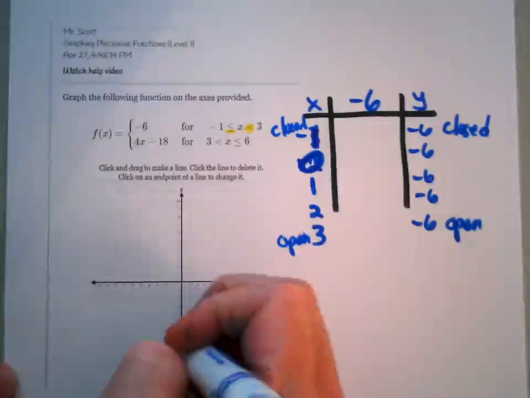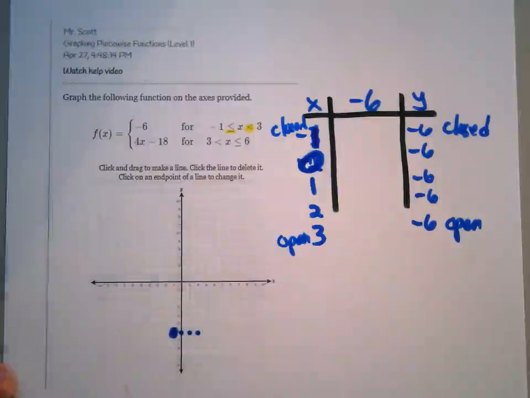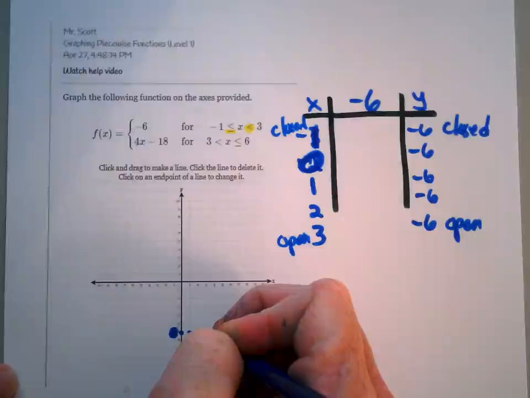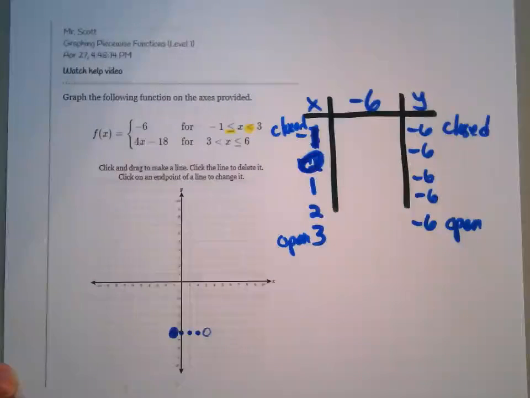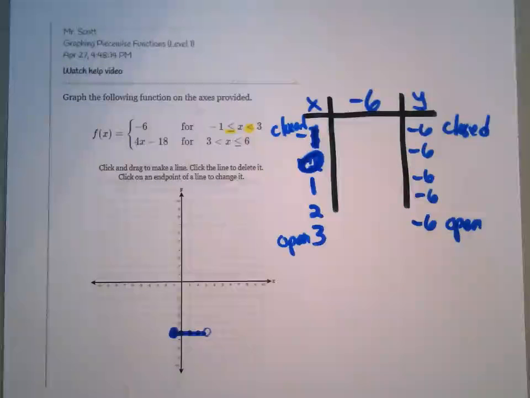Oh, how about that? That was supposed to be a closed circle, so let's close it. And 3, negative 6, that is the open circle right there. So we'll connect those and leave that (3, negative 6) open. So that's the first part of our piecewise function.